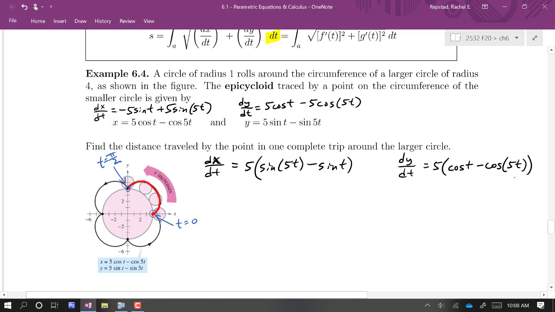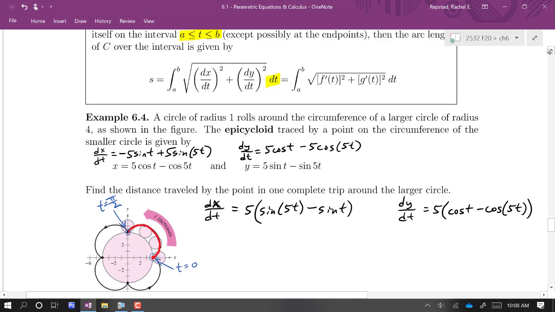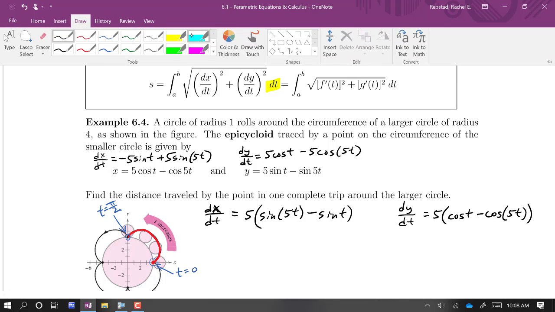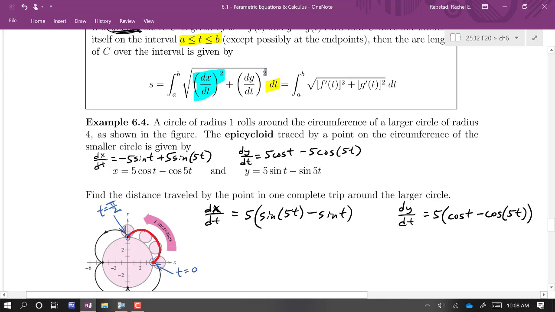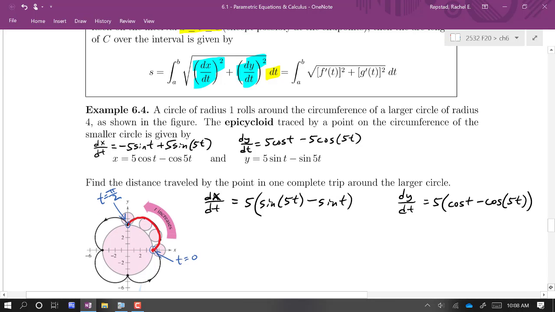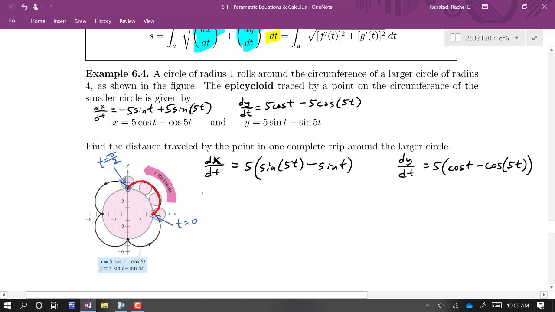Okay, now notice what we need here. Just look at the formulas. We've got to square both of these, right? So we're going to have to do a bunch of algebra, and that's okay. I mean, really, it's just FOILing this out. Squaring a product, I square the factor of 5, and that's 25. And now I'm going to FOIL out sine 5t minus sine t.